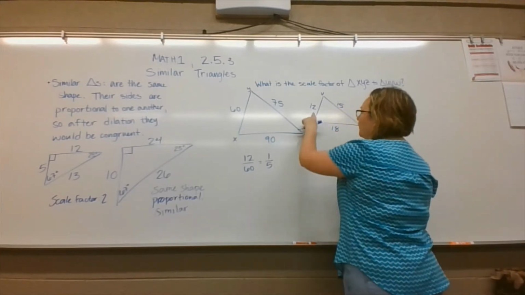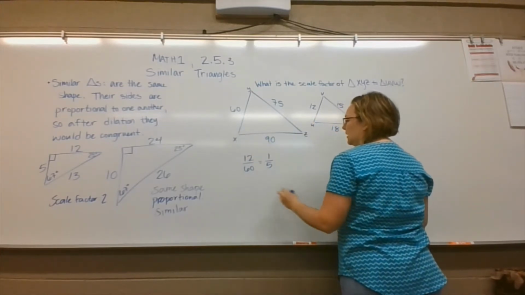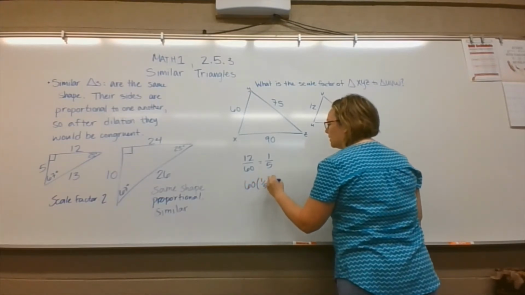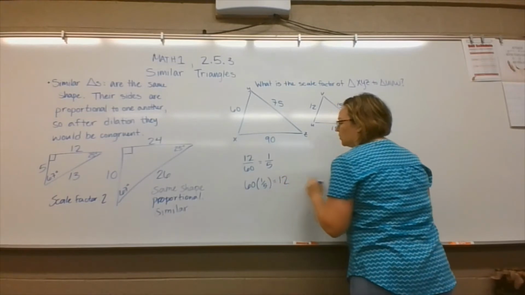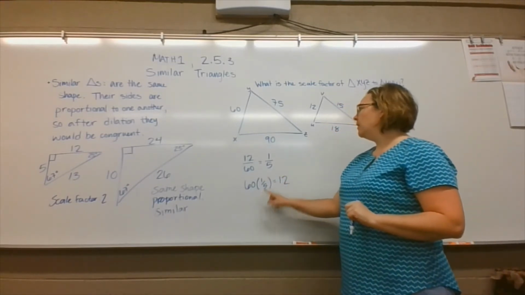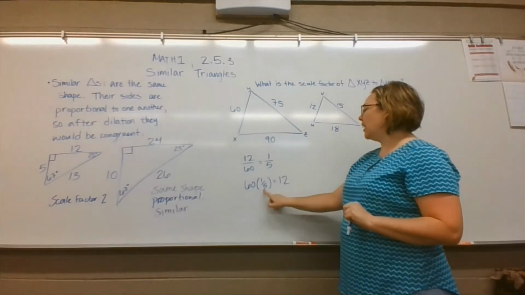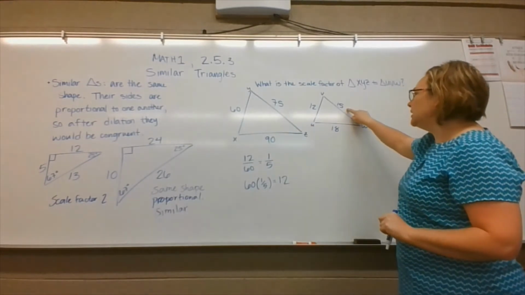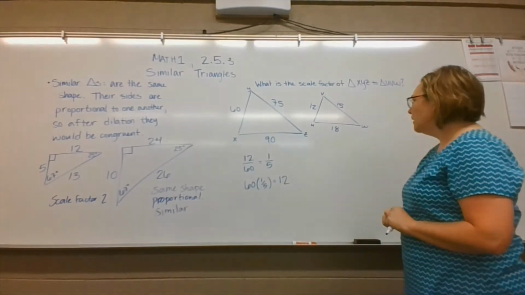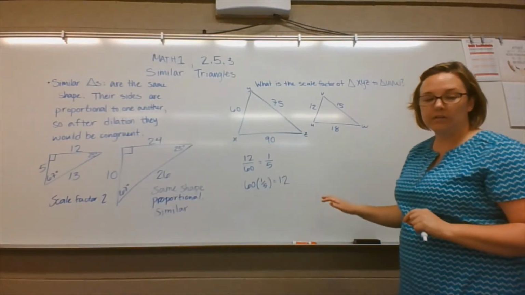So 12 is 1/5 of 60. In other words, 60 times 1/5 equals 12. So my scale factor is 1/5. 75 times 1/5 is 15. 90 times 1/5 is 18. Okay, so there's our scale factor.